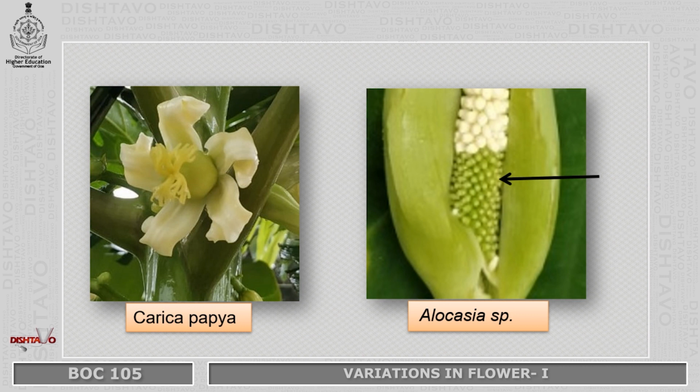In case of Carica papaya, in the image, you can see the female flower with the calyx, corolla and gynoecium. Here, androecium is absent. In case of Alocasia species, the pointer shows the female flowers. These female flowers have only 1 floral whorl, that is gynoecium.